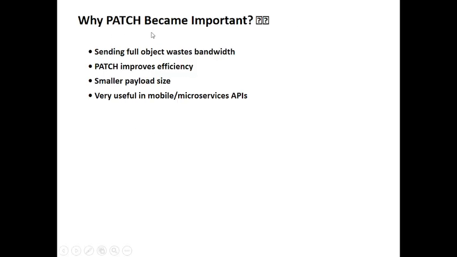So why does PATCH become important? Sending the full object wastes bandwidth, right? PATCH improves efficiency with a smaller payload size, and is very useful in mobile or microservices APIs. Instead of sending the full object and wasting bandwidth, we pass only the required fields.